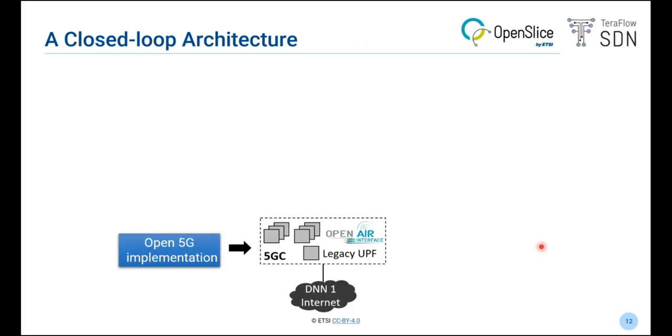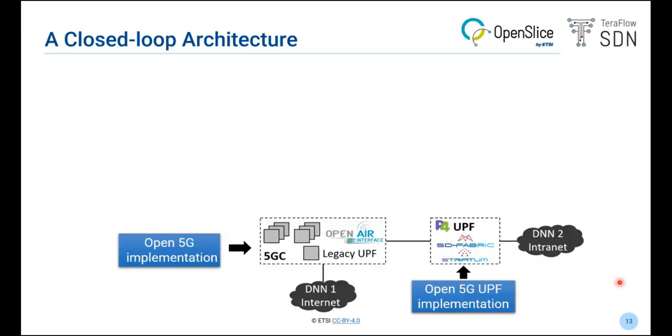And what is the methodology that we follow in this demonstration? Well, we use, first of all, an end-to-end 5G deployment. We're using Open Air Interface core. This deploys all necessary core functions, including a legacy UPF. And we associate this legacy UPF with one data network, which is the internet in this case.